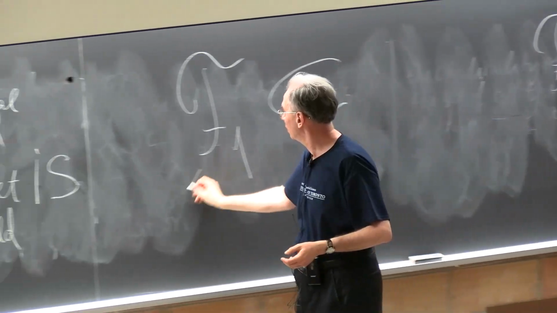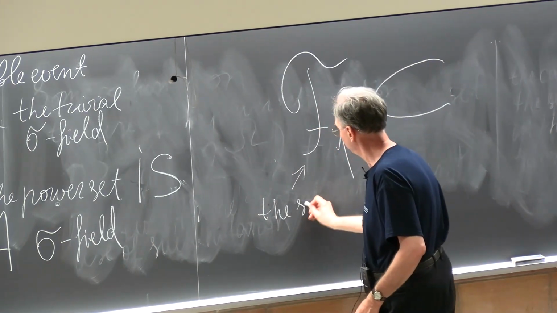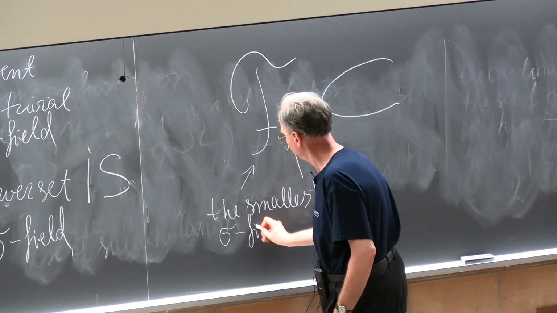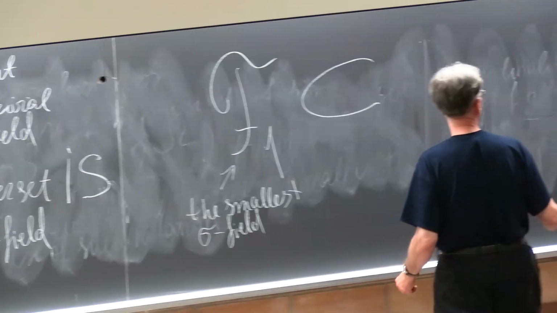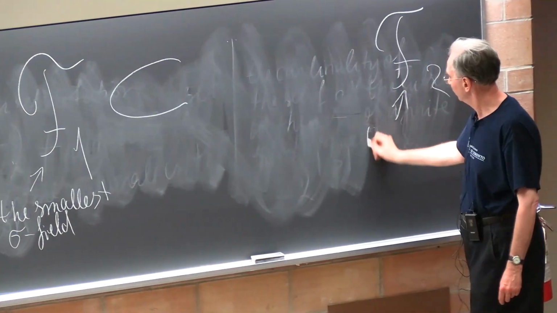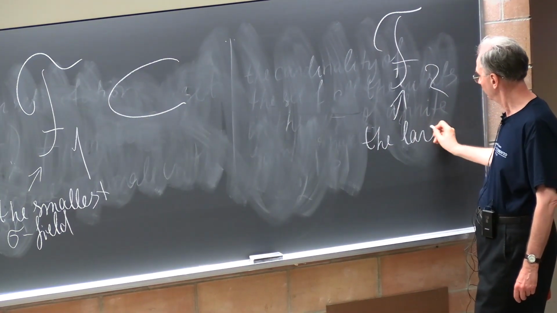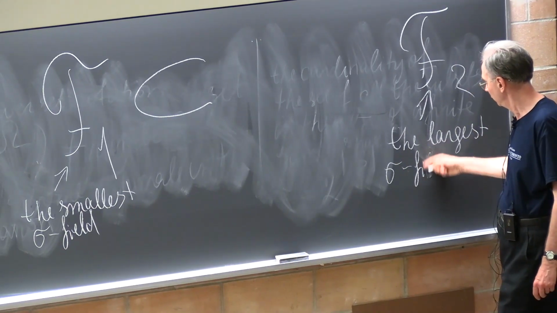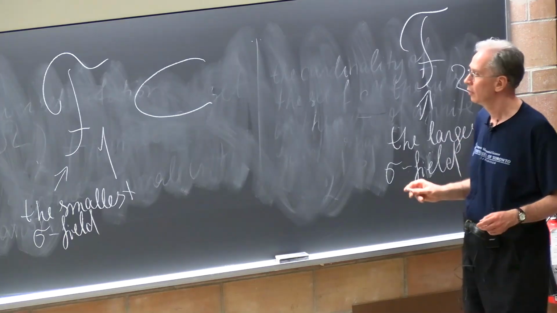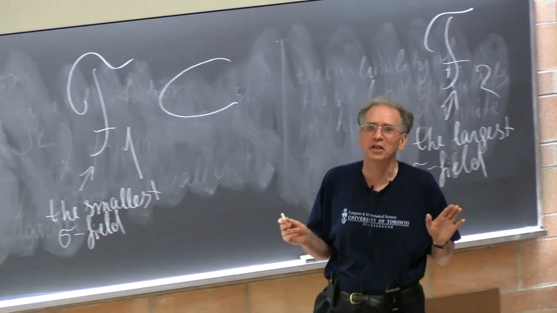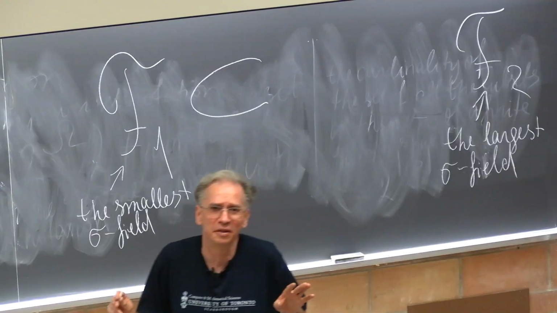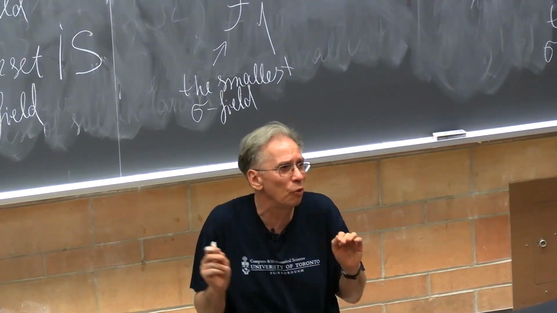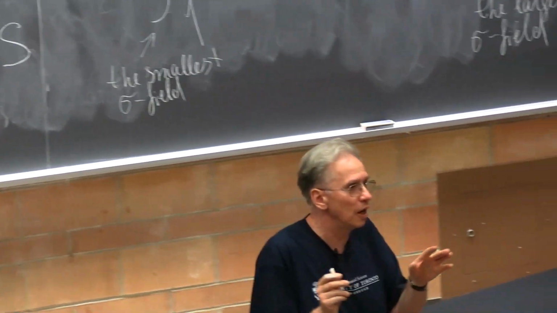So this is the smallest sigma field, which is trivial, and this is the largest sigma field. But we don't really like extremes. Extremes are okay, but one is too small, the other one is too big, and as you hopefully remember, there could be some problems.